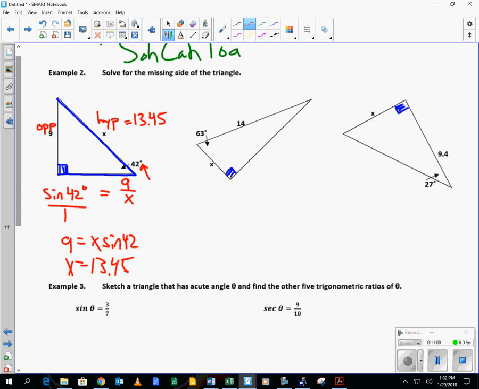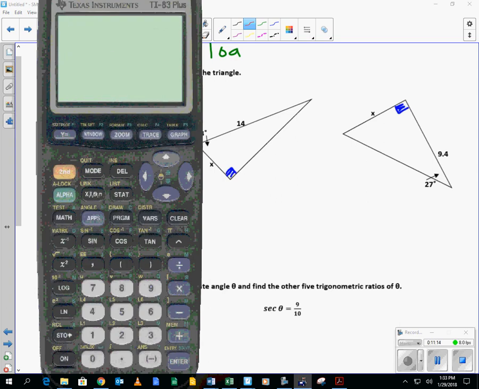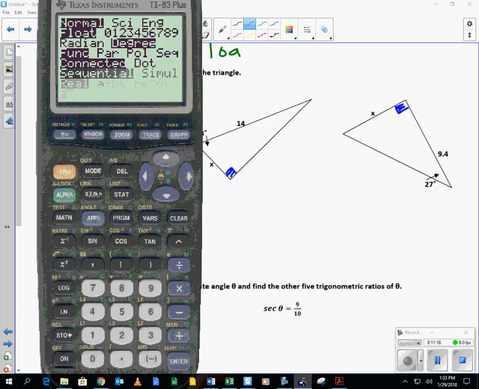Now, you want to know something really bad. You get to the MCA test. I hope somebody from the state is listening to this, because this is absurd. This makes us lose faith in the exam. This is the calculator you get on the exam. What do you think it's defaulted to? It's defaulted to radians.